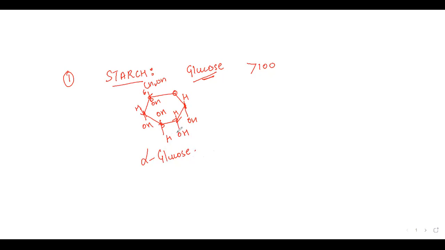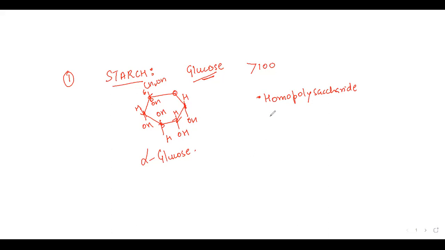Now, this starch is a homopolysaccharide, meaning it is made up of only a single type of sugar, which is glucose, and it is a storage carbohydrate of plants. In the roots, stems, and seeds of plants, there is starch. Also, potato tubers and different cereal grains are very rich sources of starch in the human diet.